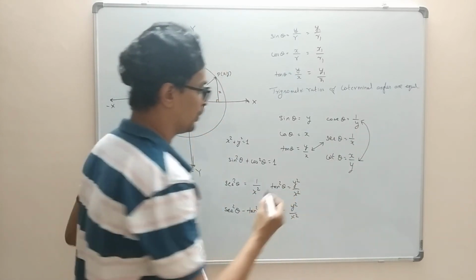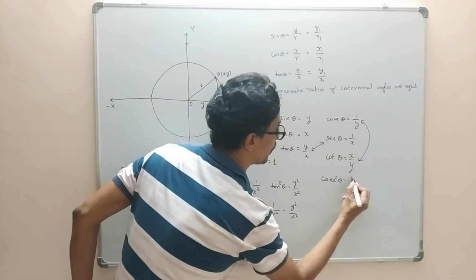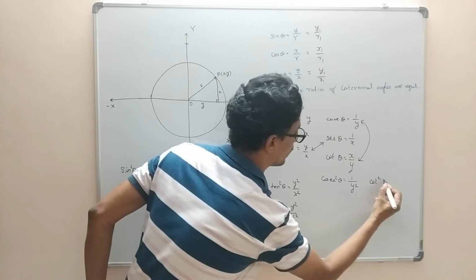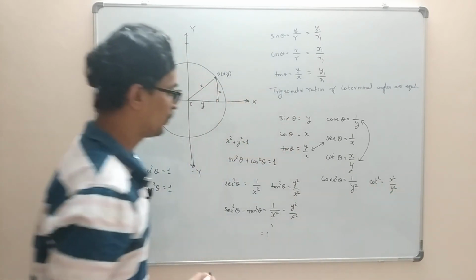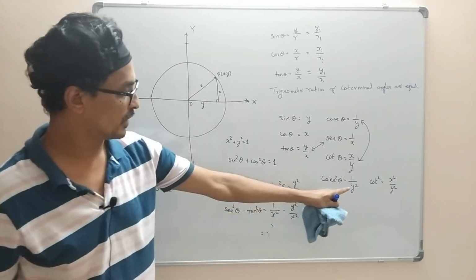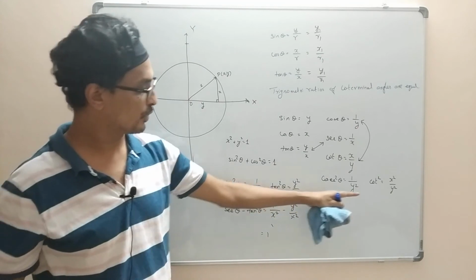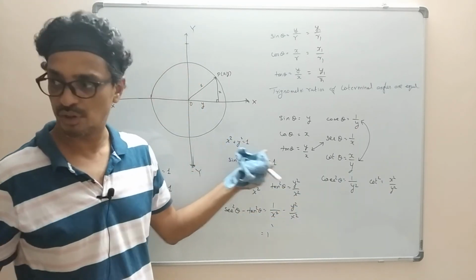So cosec square theta equal to 1 by y square and cot square theta equal to x square by y square. If I again take the difference, 1 by y square minus x square by y square, the y square comes common, so 1 minus x square is nothing but y square, it becomes 1.